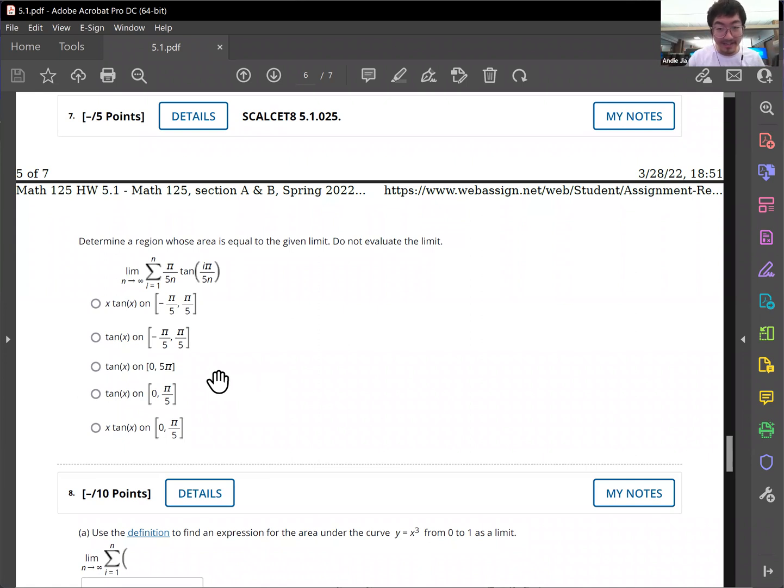So we eliminated the third one and the second one, because pi over 5n can be rewritten as pi over 5 times 1 over n. So this could be the fourth one, because this is going to be tangent of x. The first one is the width. This is going to be the real x.